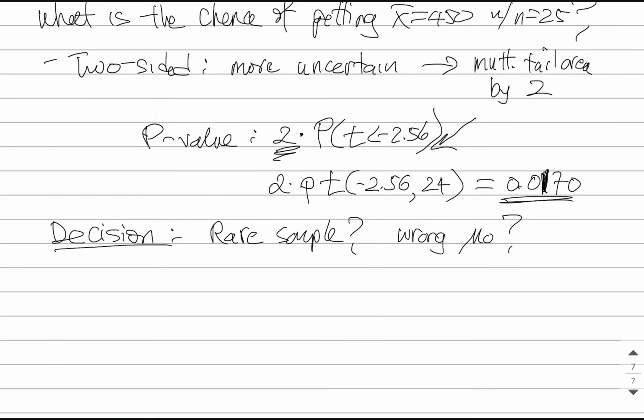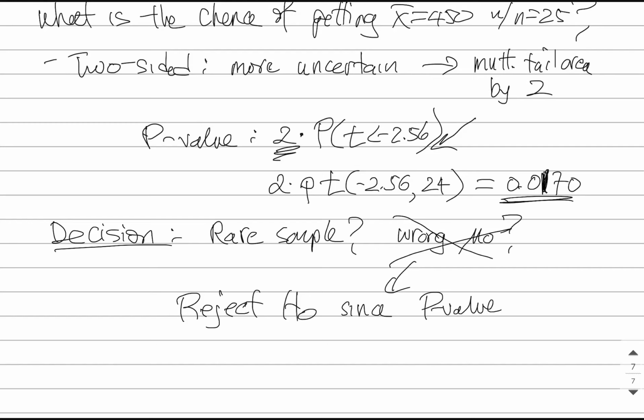Because my p-value here is very small, I am choosing to reject the null. I will choose to reject the null hypothesis since the p-value is about 0.017. Again, the ballpark is 5%, but basically I can reject this at the 2% level.